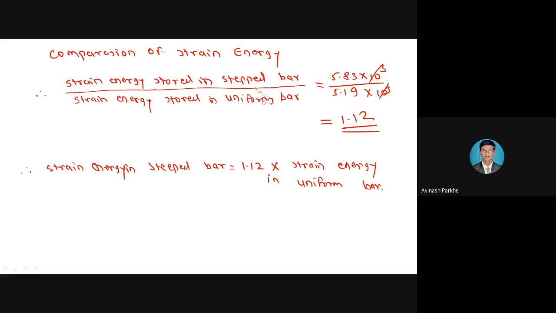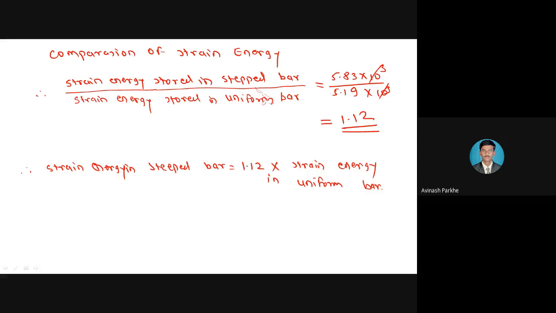The strain energy stored in the stepped bar is equal to 1.12 times the strain energy in the uniform bar. That means, instead of taking uniform or plain cross-sectional areas, if you prepare your component or product in the form of a stepped or non-uniform section, the maximum amount of energy will be stored.